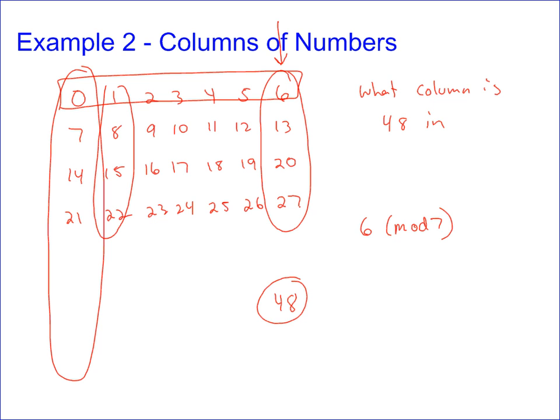Every column experiences modular congruence. 6, 13, 20, 27, 34, 41, 48, all of those can be written as 6 mod 7, because every one of those has a remainder of 6 when divided by 7. All of these are written as 3 mod 7. So those numbers all have modular congruence. So we find out that there's an infinite number of modular congruences for each number.